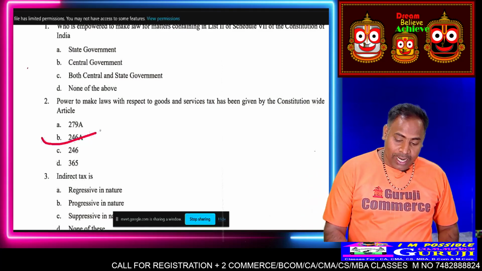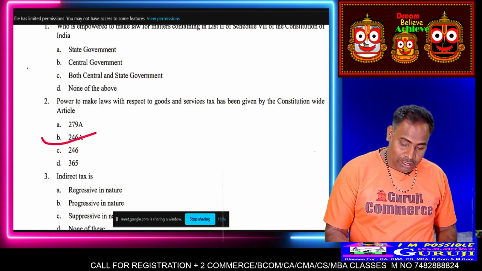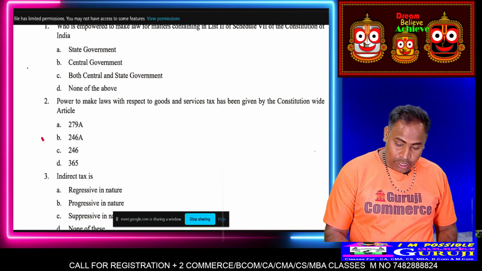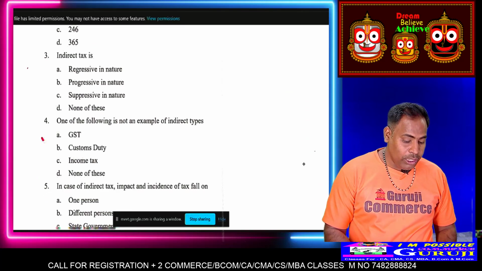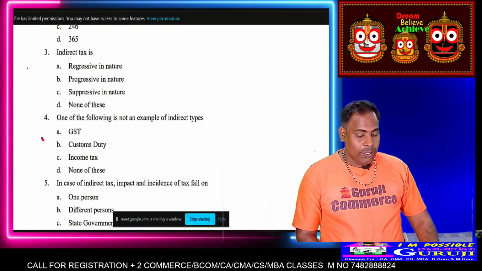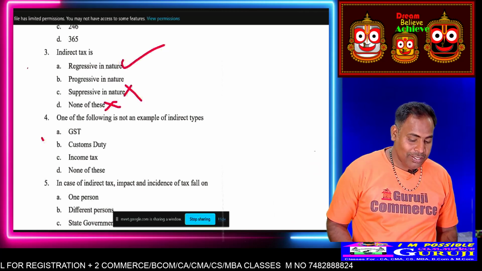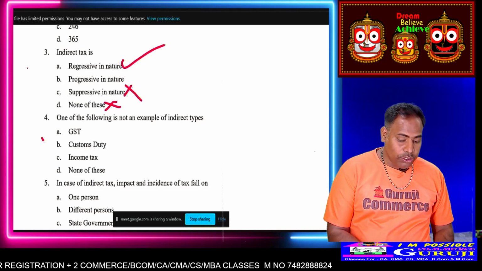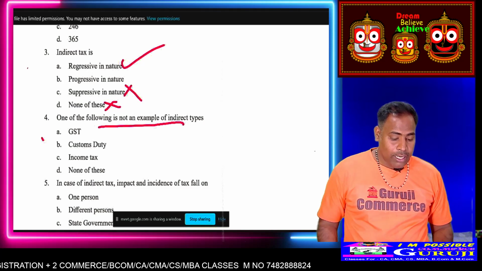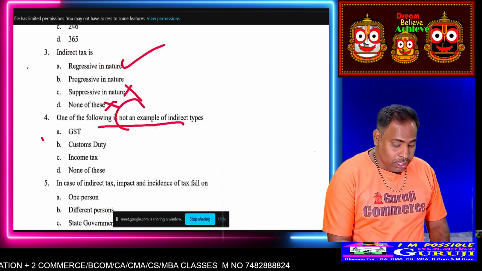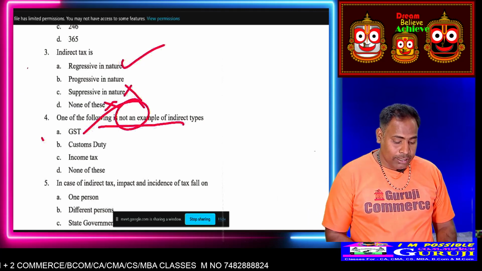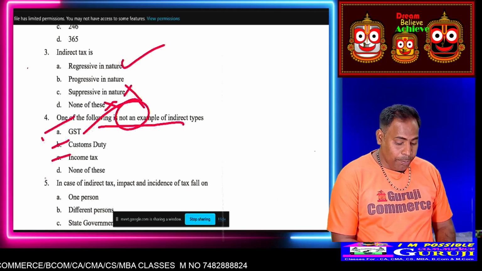Indirect tax is which kind of tax? Regressive or progressive? Very good. Which of the following is not an example of indirect tax? GST, customs, income tax.